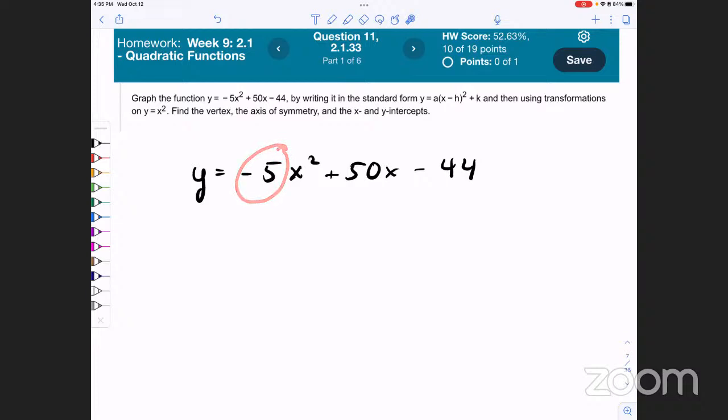So let me think. Because if I do it there, b over 2a.